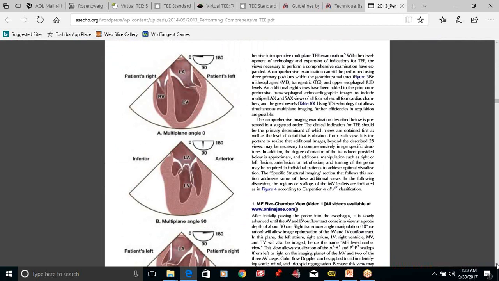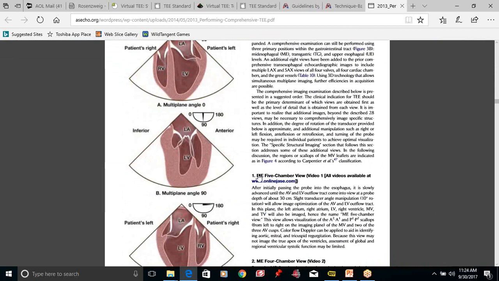So it's not going to play, but that's okay. So this is angle 0 and angle 90 degrees. Okay, so that's in the mid esophageal level.